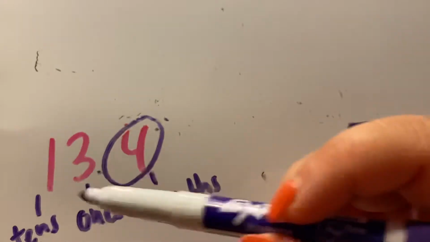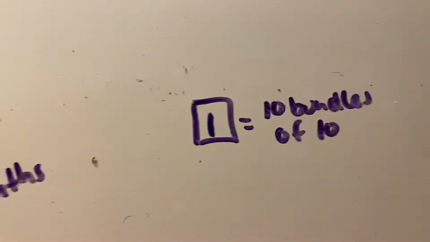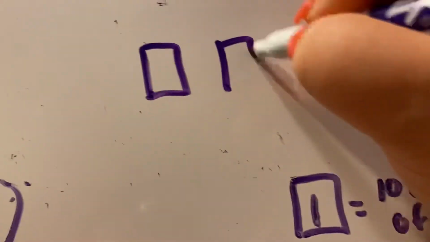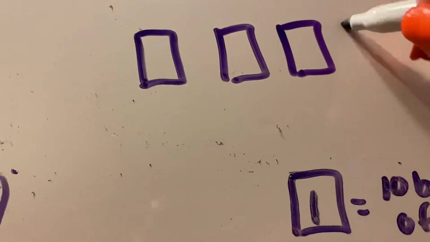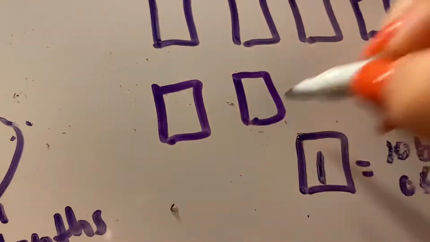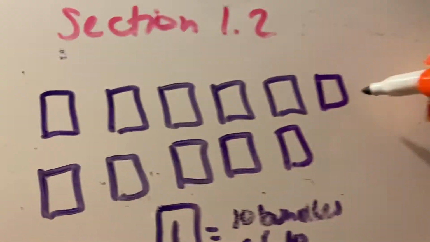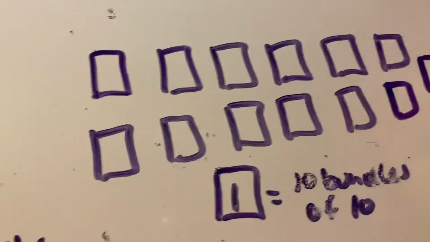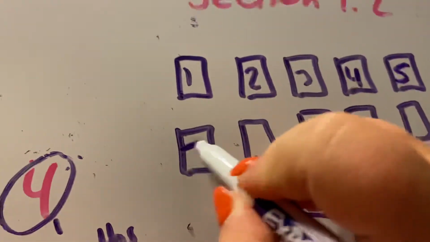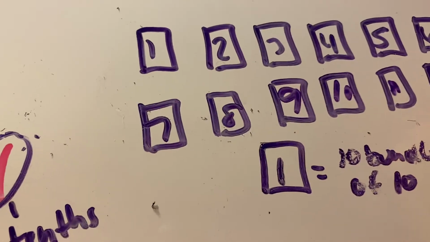So if we have 10 bundles of 10, right? In order to get 13, we would have to write out 13 bags. So 1, 2, 3, 4, 5, 6, 7, 8, 9, 10, 11, 12, 13.